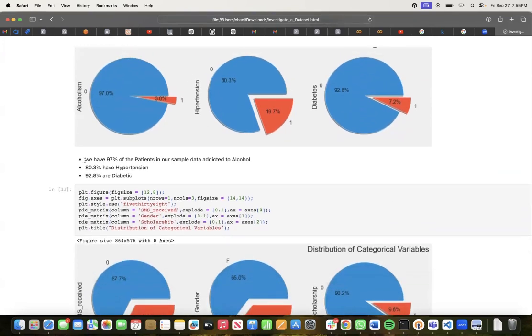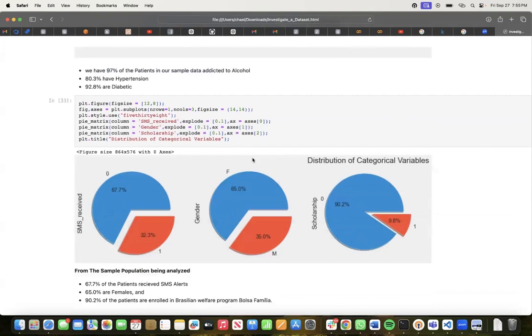Okay, so what I wrote here is that we have 97% of the patients in our sample data addicted to alcohol. 97%. And do you think an alcoholic person will tend to show up for your appointment? Now, that is a question to also ask.